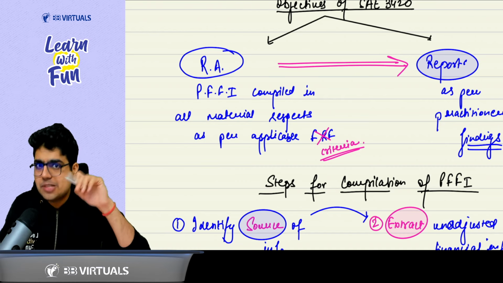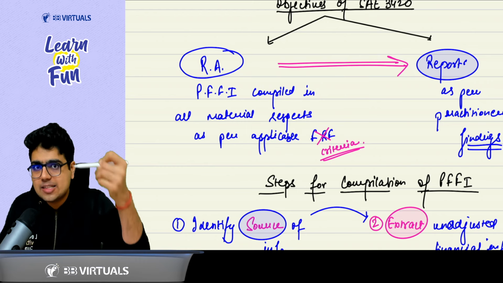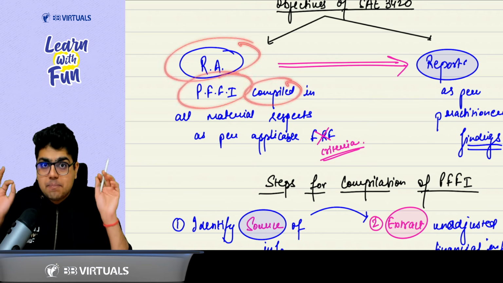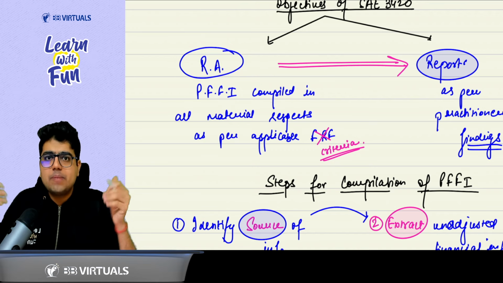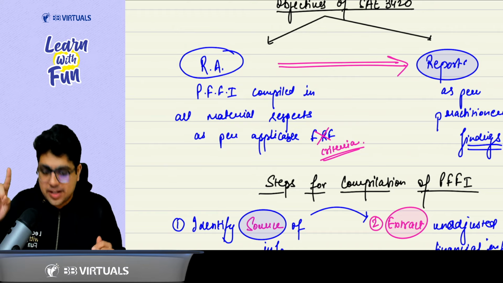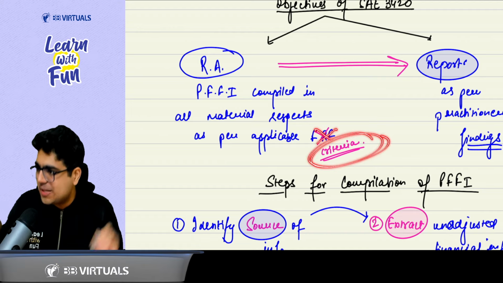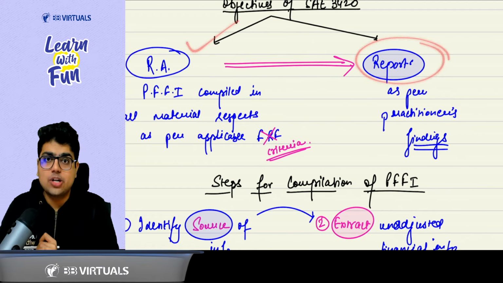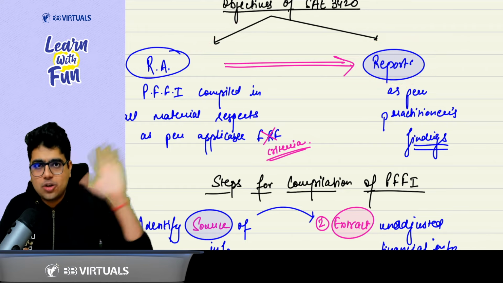Here the word management is not used. Use the word responsible party. Reasonable assurance that PFFI has been compiled by the responsible party in all material respects as per the applicable criteria. Once you get the reasonable assurance, you can present your report. Report whatever are your findings.